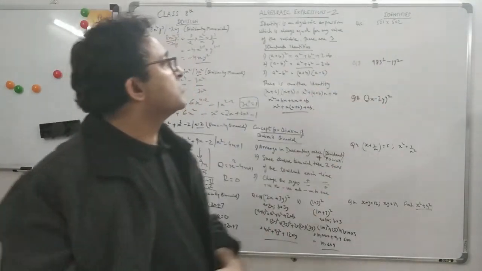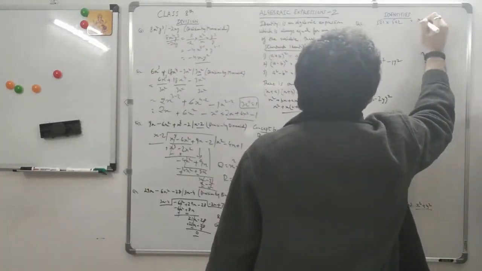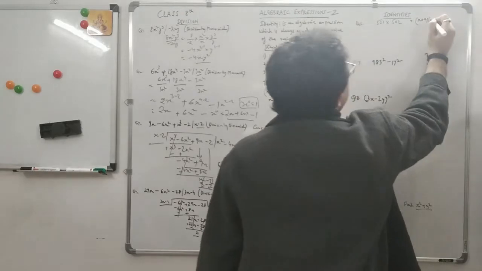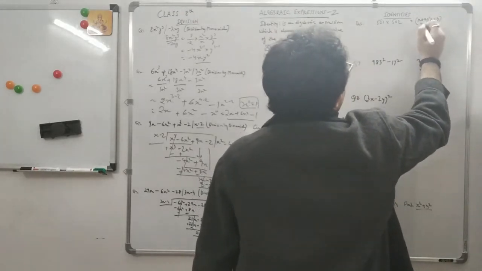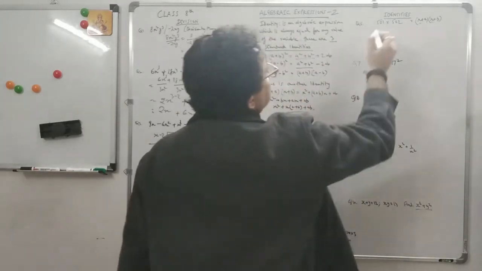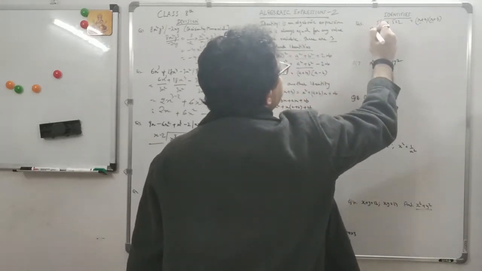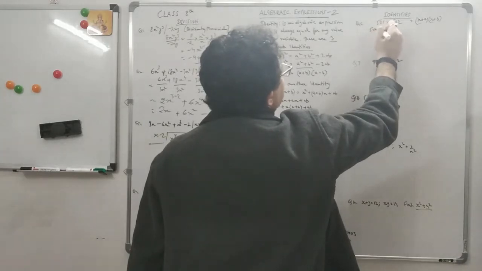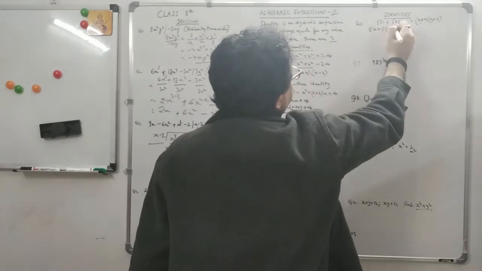501 into 502. So this will use this formula. Why? I'll tell you. x plus a into x plus b. See, x is common. So this number is close to what number? 500. So we'll write this as 500 plus 1, and the other as 500 plus 2.